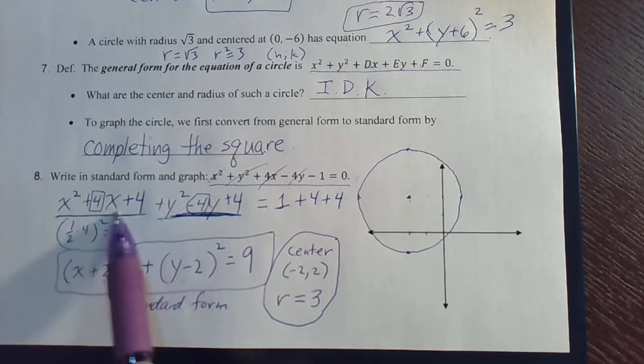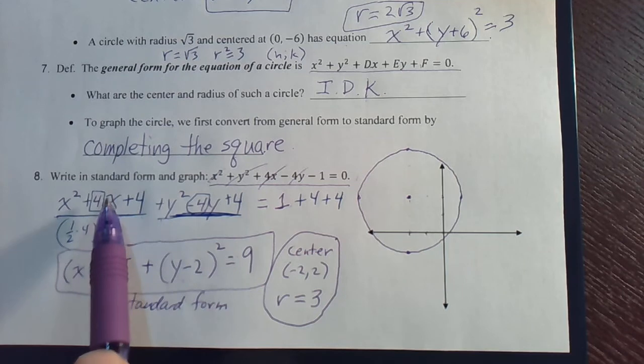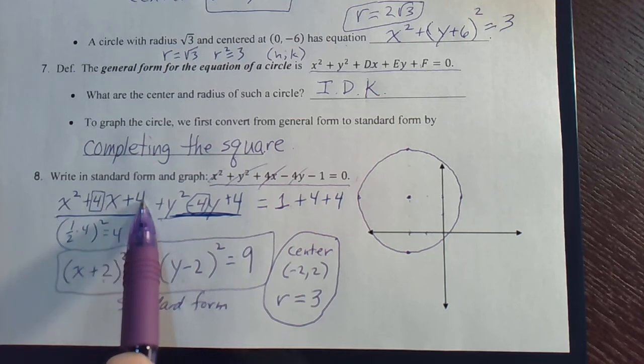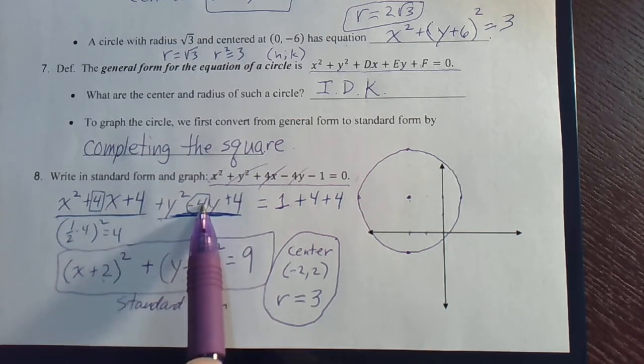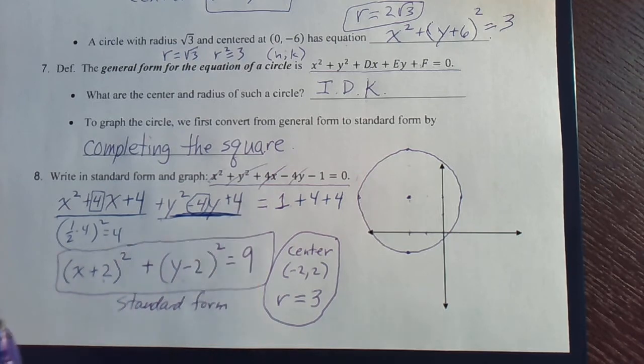And then we complete the square twice. And all you do is take half of the number in front of the x, the coefficient, and square it. Half of 4 is 2, square it, gives you a 4. Half of negative 4 is negative 2, square it, and you get plus 4. And then factor these two. They're perfect squares. And we got this.